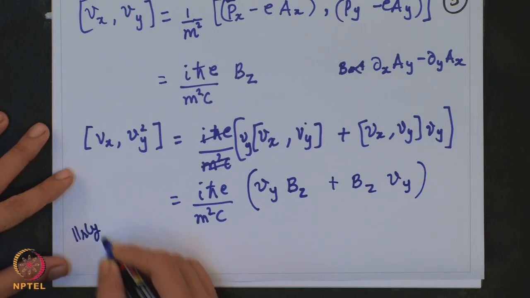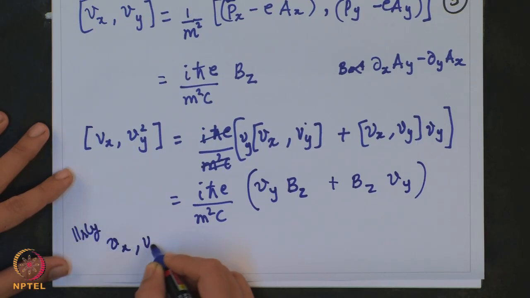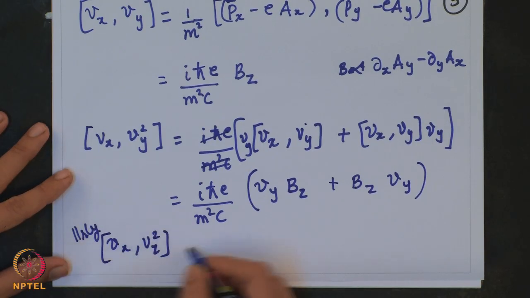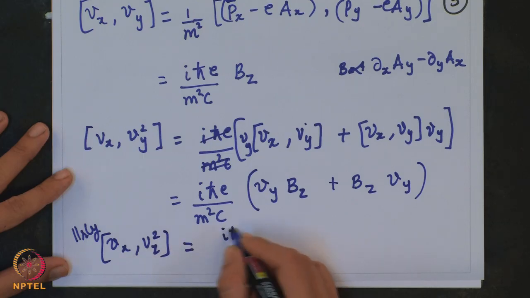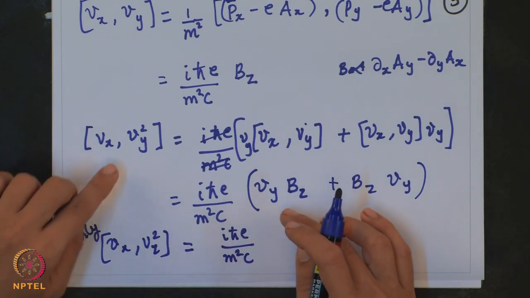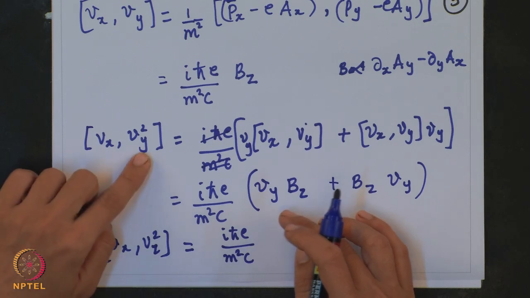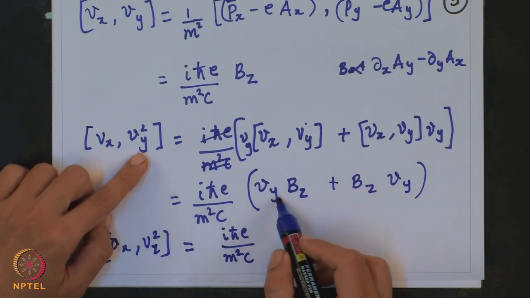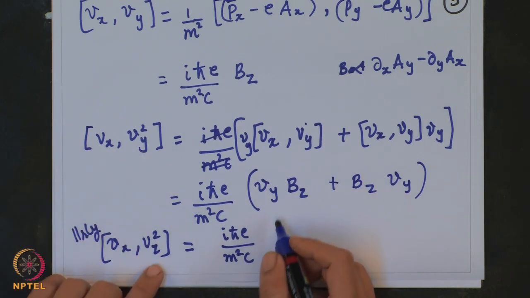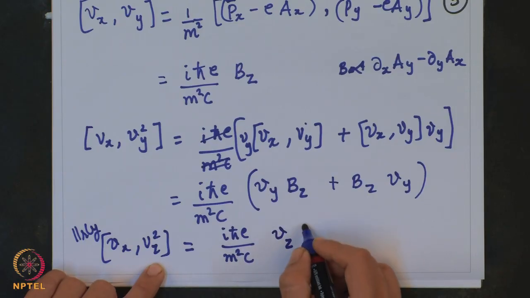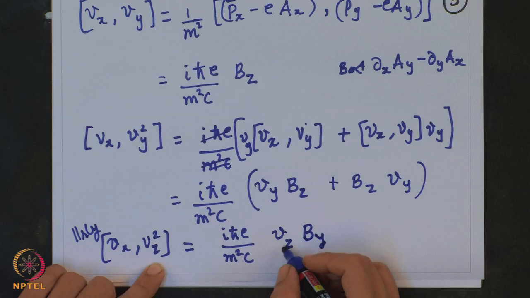Similarly, now you can guess what will be Vx Vz square. No need to repeat this exercise, you can just make a guess. So, everywhere when you have x and y square, you will have Vy Bz. So, now I will have Vz By, correct, or Vy Bz.